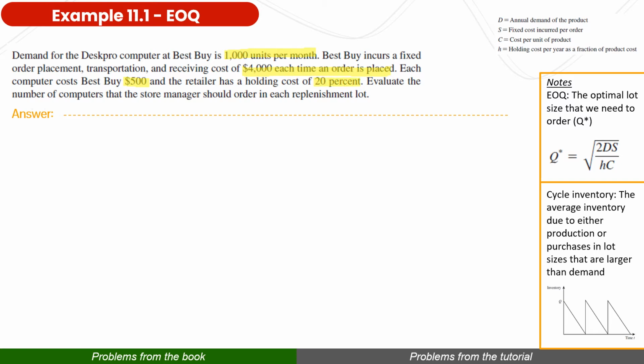So we need to evaluate the number of computers that the store manager should order in each replenishment lot. Or in this problem, we should find the EOQ or economic order quantity.